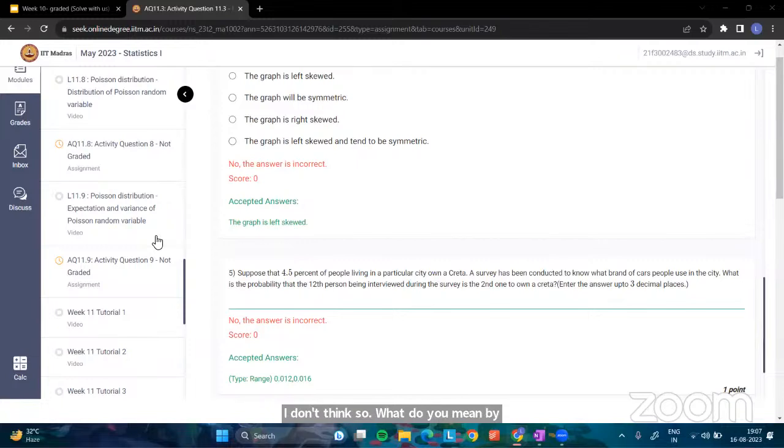Ma'am, random vectors are basically collections of random variables taken together. Oh, okay. Yeah, you will be learning that in stats too. I think we'll be using a different term, multiple random variables. Yes, ma'am. Okay. Is that all or anything else? Yes, ma'am, that's all.